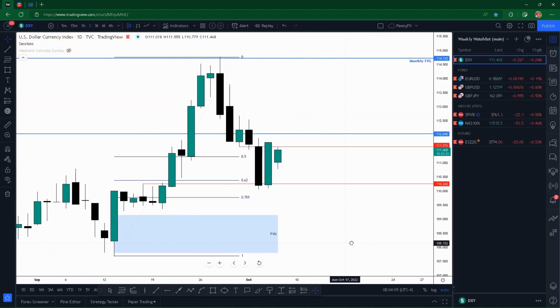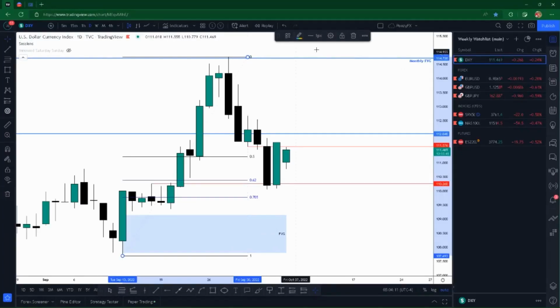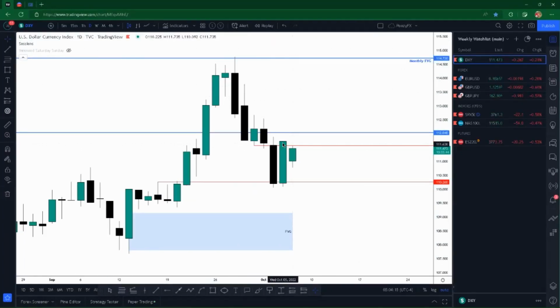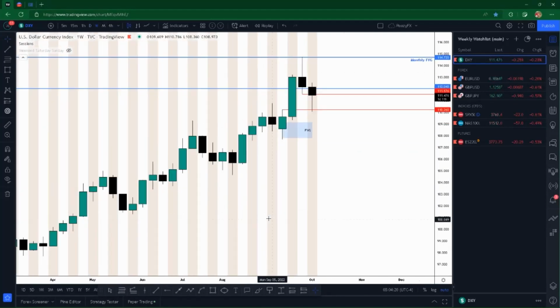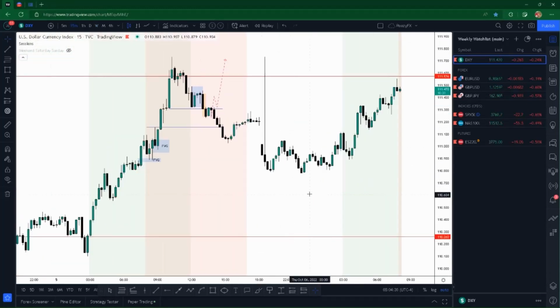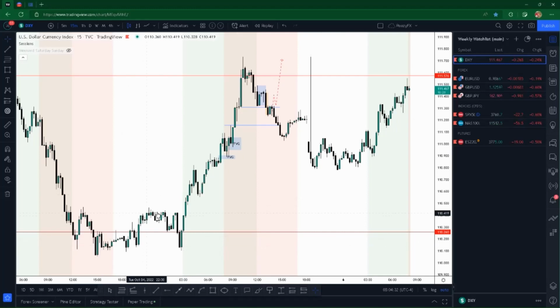The DXY so far is doing what we anticipated. These red lines here are the weekly fair value gap. And we completely closed in that weekly fair value gap and hit the bottom of it. And now we're showing a strong reaction to the upside since then.